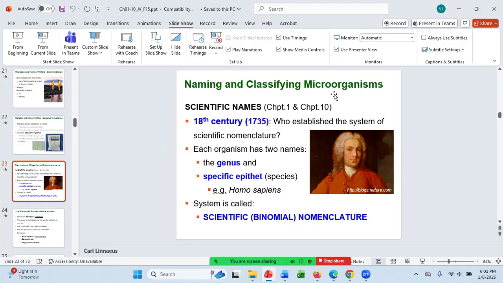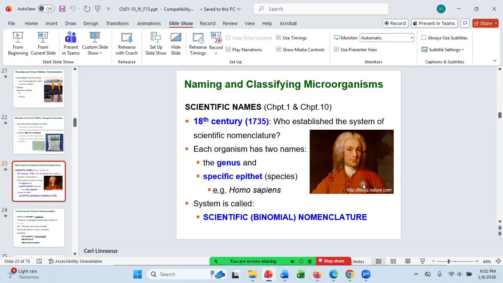He classified all organisms into plants and animals. And as you know, there are organisms which are not plants and not animals, like fungi and microorganisms. All of those are not really a plant or an animal.